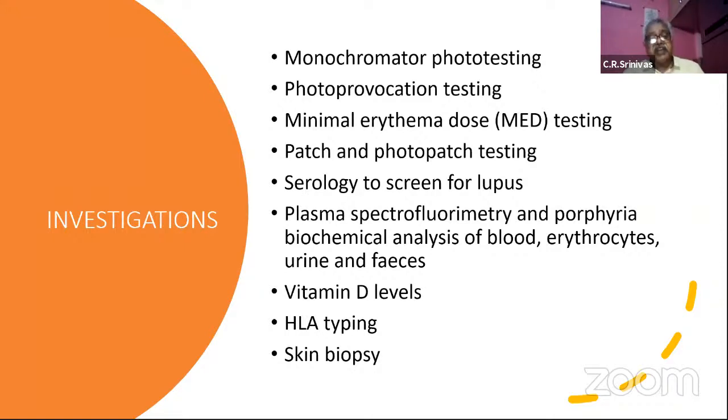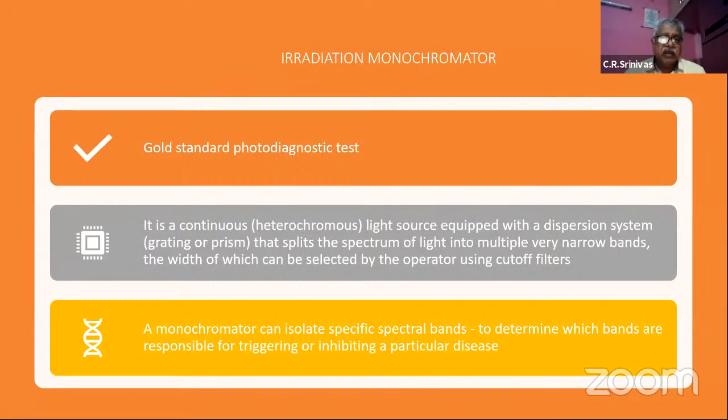How do we investigate? Investigations in photodermatology are a little challenging and require a lot of dedication and a separate unit, but certain things can be done. The best one to test, the most difficult one, is known as irradiation monochromator.